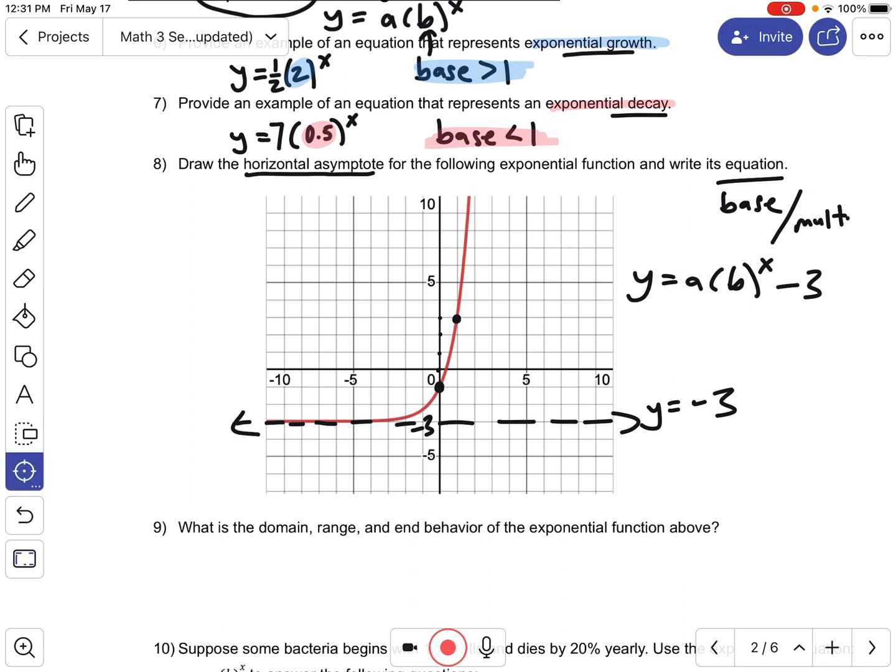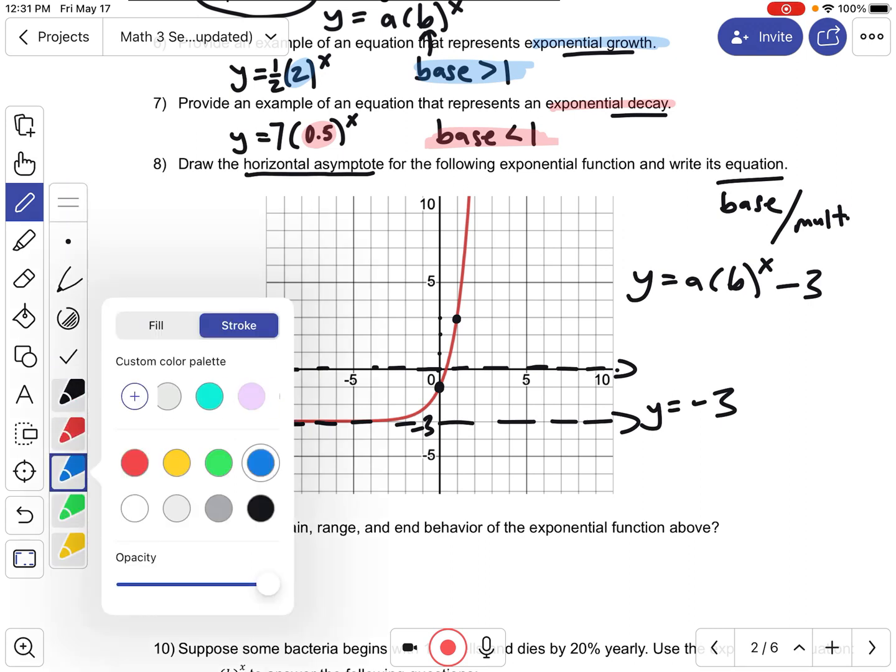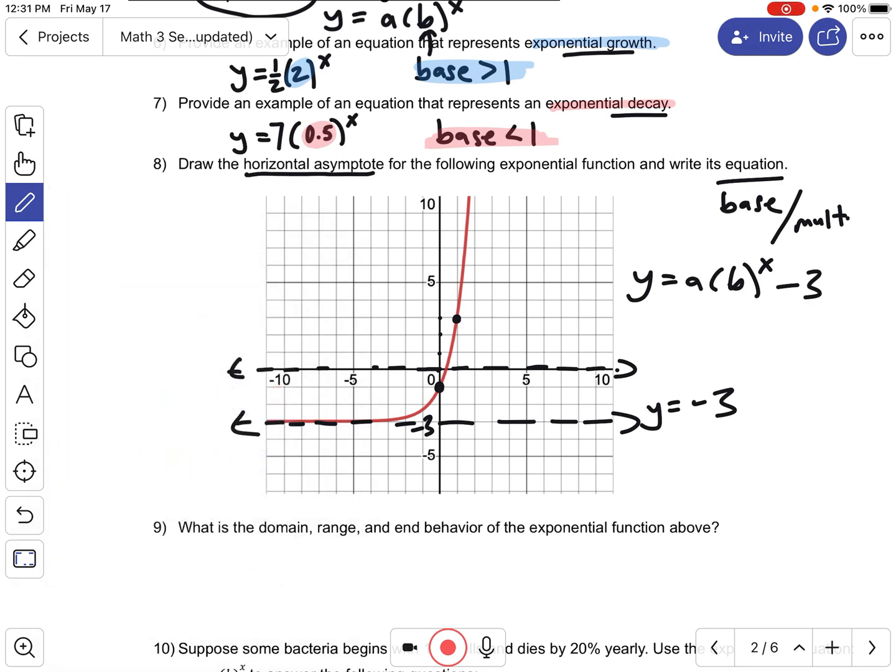So if I move this up 3, let's say this is going 1, 2, 3 up, I'm going to move all the points up 3, and let's see what happens. So this is going to go from here 1, 2, 3, so that would be this point, and then this point 1, 2, 3, that'll be this point.